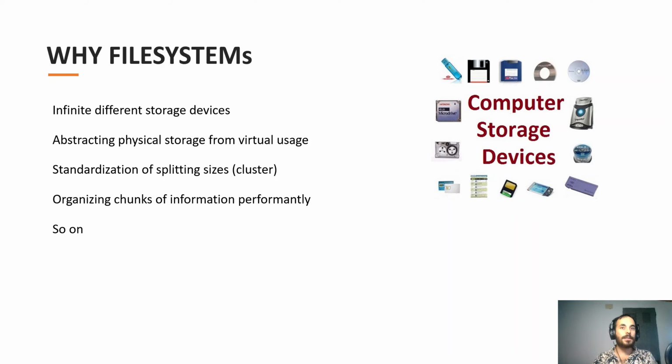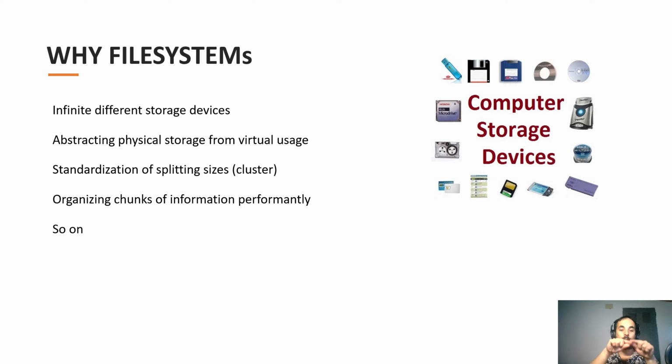Another reason is standardizing the splitting sizes, basically the cluster sizes. We will talk about clusters later on in this video, but basically you cannot store files as a whole. You're not going to store a 2 GB file in the hard drive just like that. You're going to split it in tiny bits so you can put them where they fit.